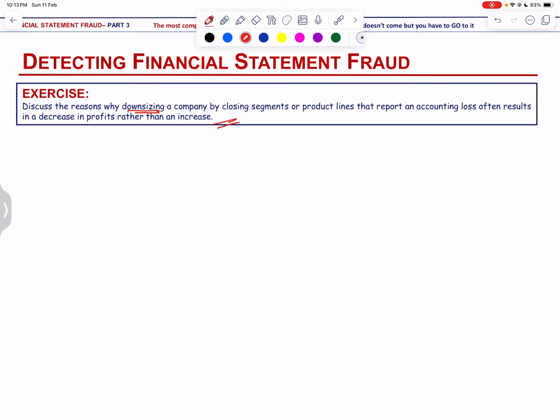Consequently, even if the closure of a segment could potentially eliminate certain expenses in a scenario of total liquidation, closing only one segment might not proportionally reduce overall cost. For instance, expenses like the CEO's salary are unlikely to decrease following the closure of a segment.